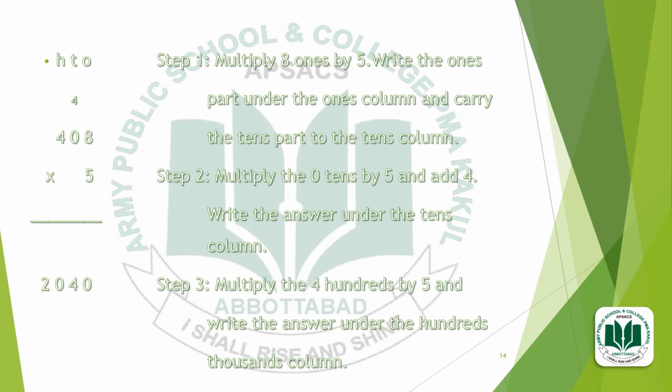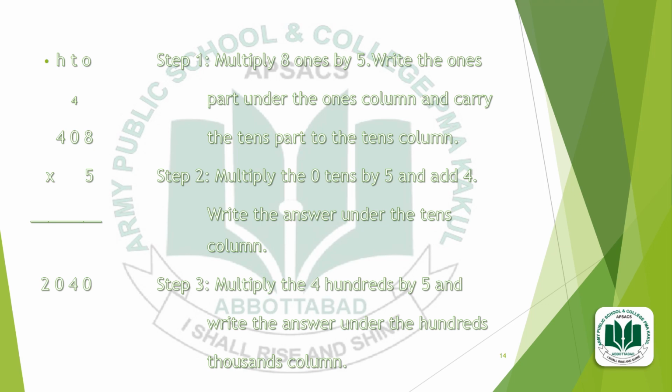Here is another example in which I have 408 multiplied with 5. Write down the place values first at the top and then write down your question in the vertical form, and then we can find the product of these two numbers. So follow the steps carefully. First of all, we multiply the ones place digit 8 with 5, then we get 40, and write down the ones place digit of the 40 under the ones column, that is 0, and take carry 4 to the next place, which is the tens place.